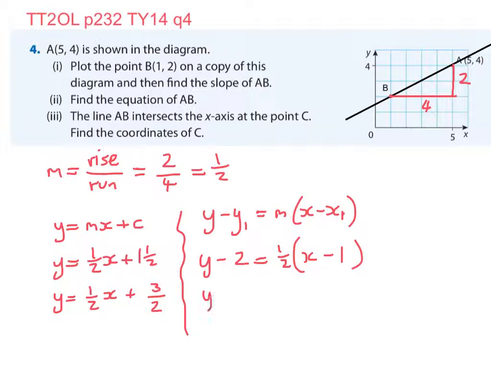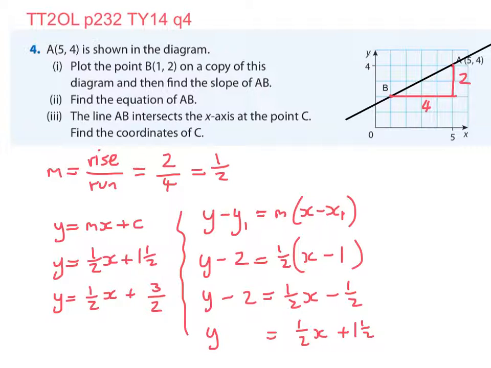When I open up the brackets, on the right hand side I get a half x minus a half, and then I add 2 to both sides to get rid of that minus 2. When I add 2 to both sides, I get plus 1.5, because it is minus a half plus 2. So I get the same answer either way.